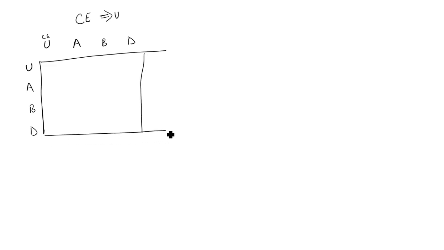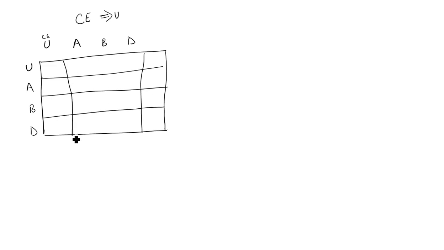So now we'll converge our matrix. It is A, B, D and U. And what is U? U is nothing but CE. U, A, B, D. So again we have to calculate this matrix.